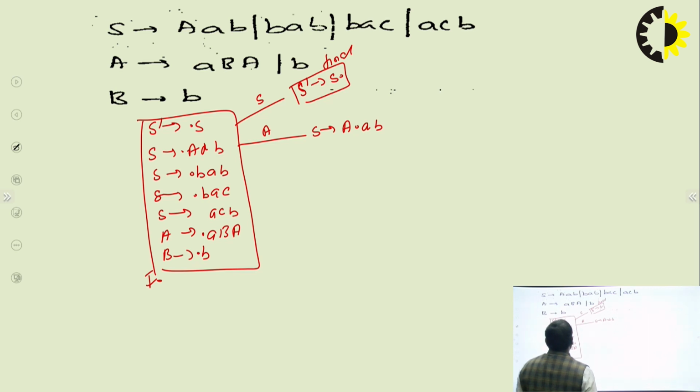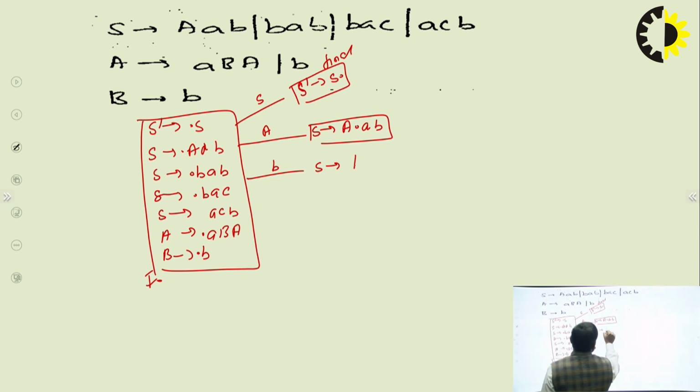No. Now we move from here, on small b: S tends to B dot A B, S tends to B dot A C, and B tends to B dot.